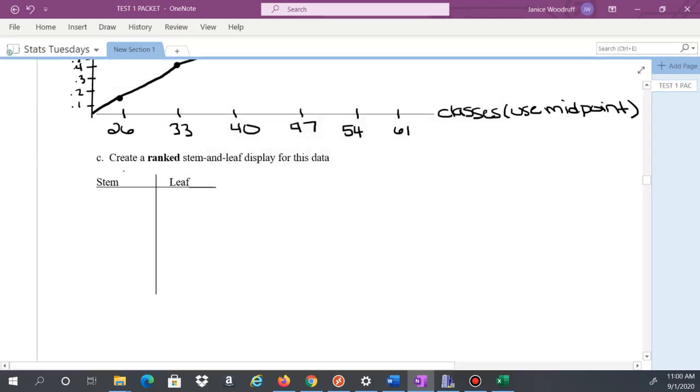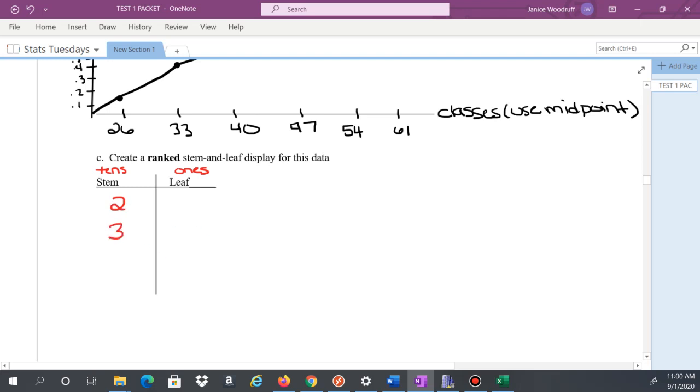All right, so stem is your tens place and the leaf is your ones place. And you're going back up to your original data. So I have it copied down here just for you guys so you can see. So you're looking at the tens place, the lowest number was 24, right? So everything in the 20s would go with this stem.